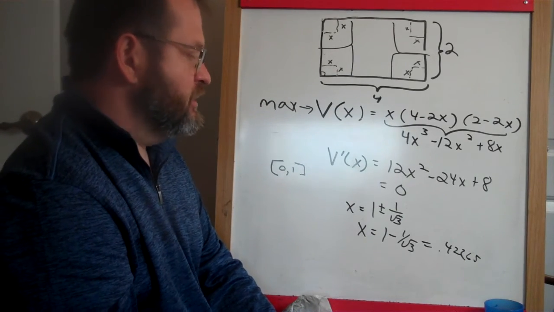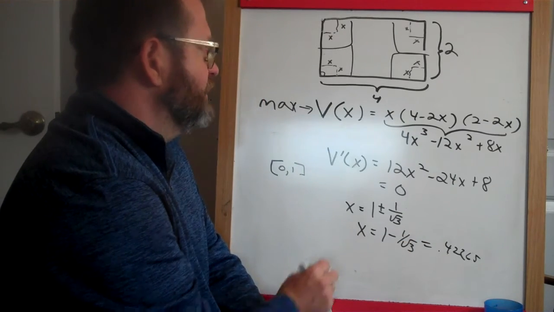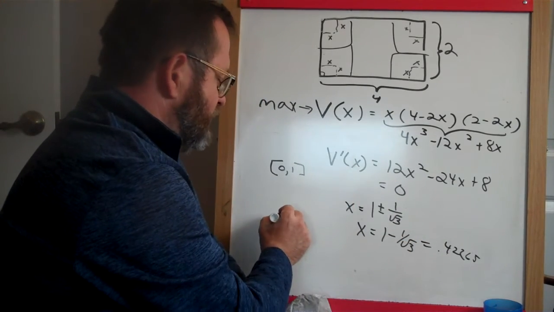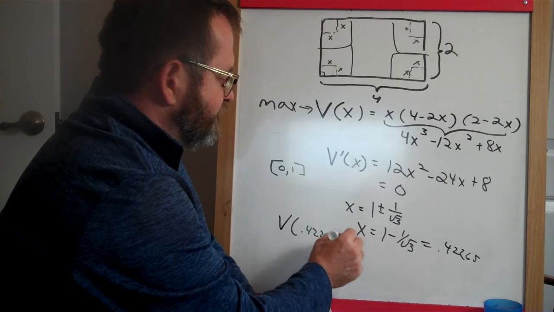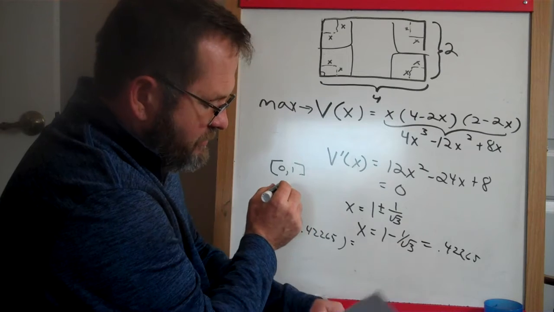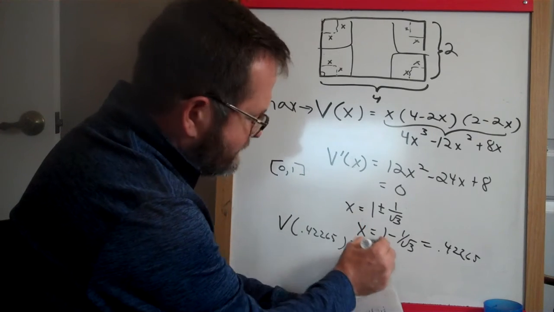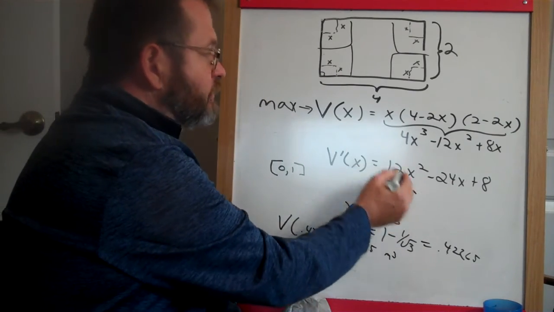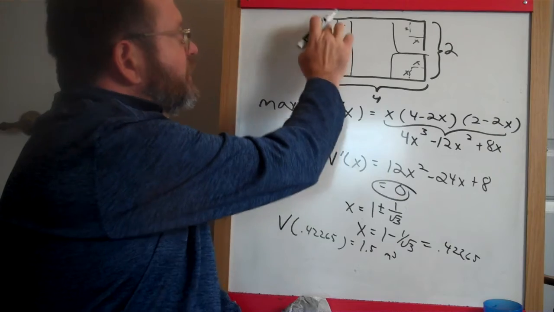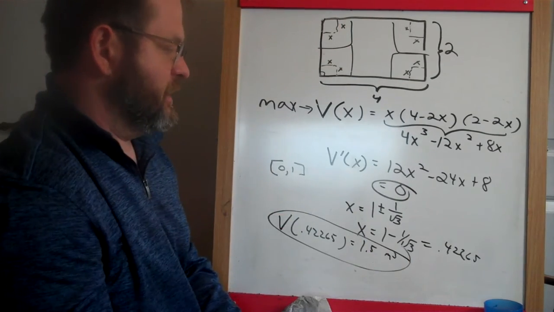According to what we did here, there should be a critical point at this distance. If you plug 0.42265 into your volume function, you get the maximum size of the box, about 1.5 square meters, which is definitely bigger than the 0 we had when x was 0 and when x was 1. In other words, this is the local maximum.